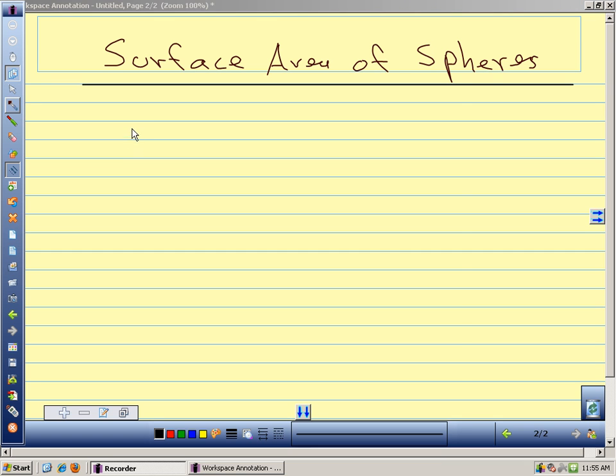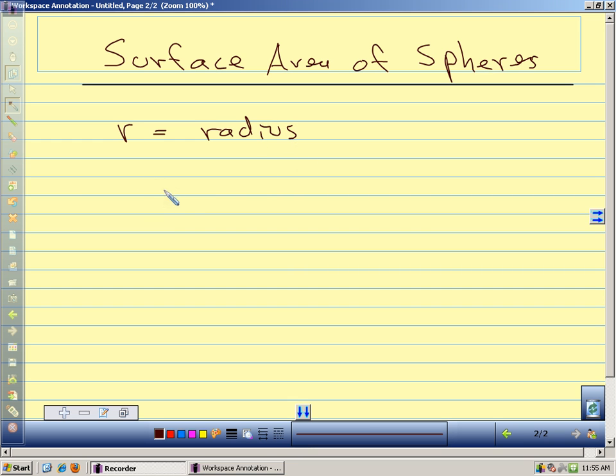That's all we need to plug into our formula. Our surface area is 4 pi r squared. And our units are square units.